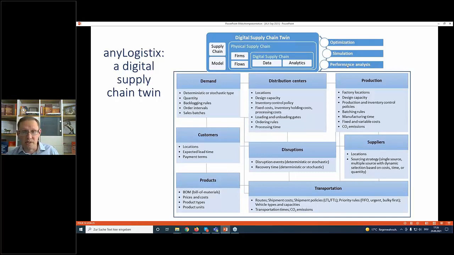We can use this data with the help of different analytics to support decision making in all areas of supply chain management: in network design, in master planning, in inventory control, and so on.